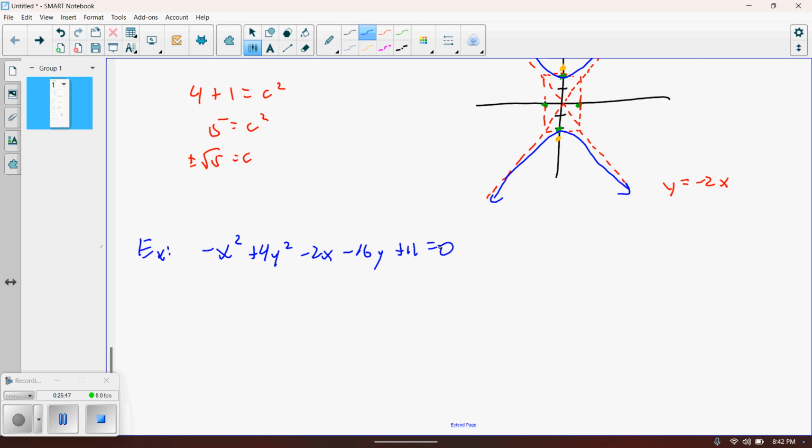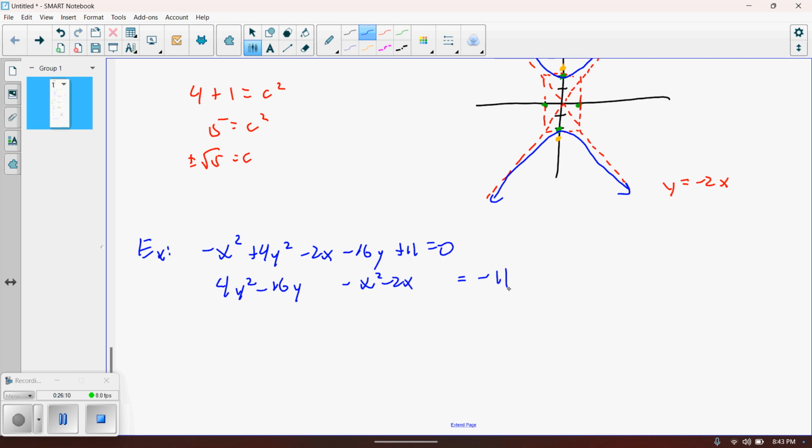So when I rearrange these, I'm going to put the y squared stuff first. I'm going to put all the y terms first: 4y squared minus 16y, leave a little bit of a space, minus x squared minus 2x, leave a little bit of a space, and I'm going to subtract the 11 from both sides so that I can get the constants to the right.